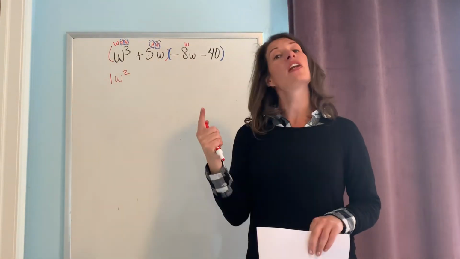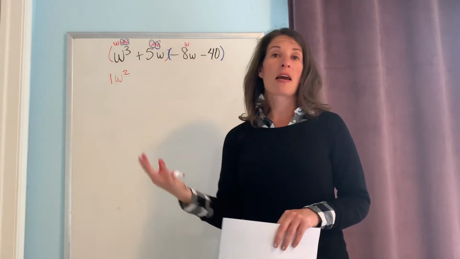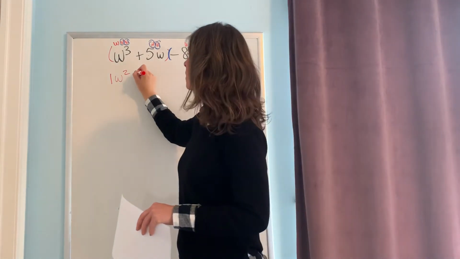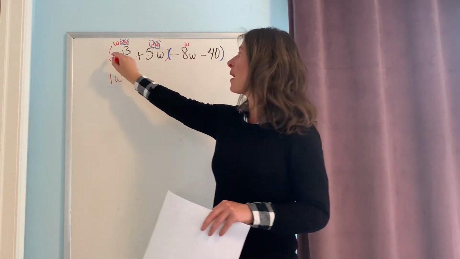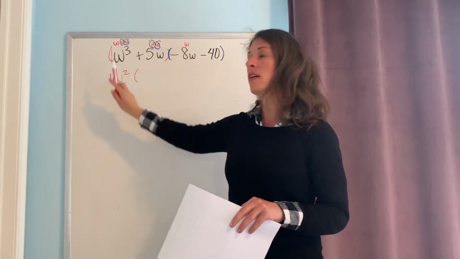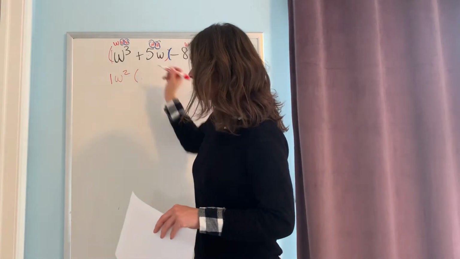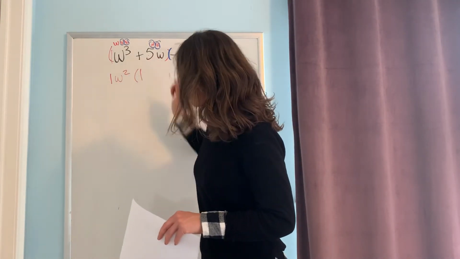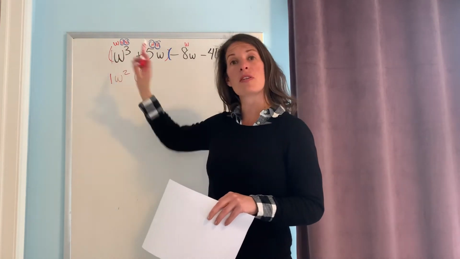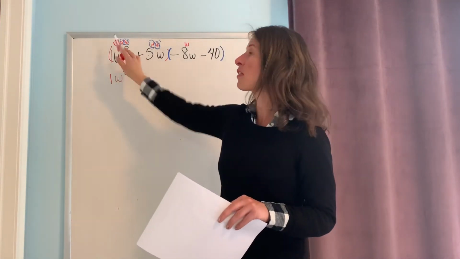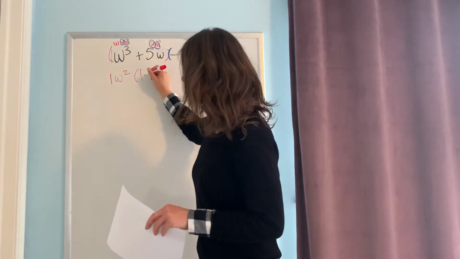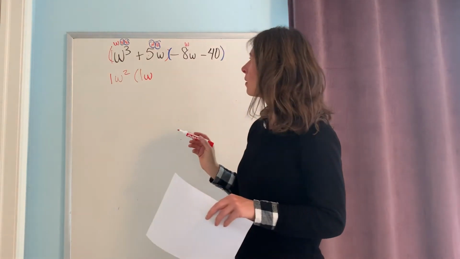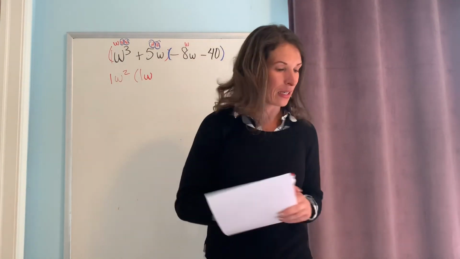I've dealt with both the number and the variable, which means now it's time for us to do our parentheses. For my 1W cubed, 1 divided by 1 is a 1. I had 3 W's and I took 2 out. You can see that there's 1 left that was not circled. Your 5W needs a square next to it. Oh, thank you.